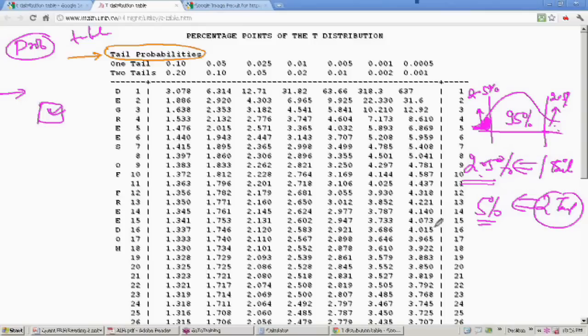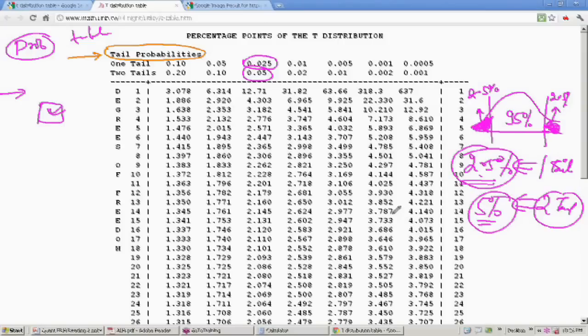So whatever value you get for one tail, just multiply it with 2 and you should get the two tail. Why? Because that is how it comes. This tail has a probability of 2.5, this tail also has a probability of 2.5, and 2.5 plus 2.5 is 5%. So when one tail has a probability of 2.5%, two tail has a probability of 5%.